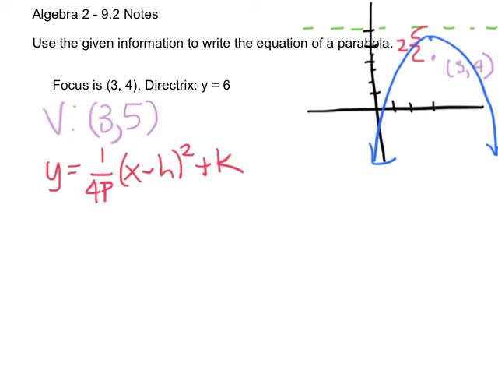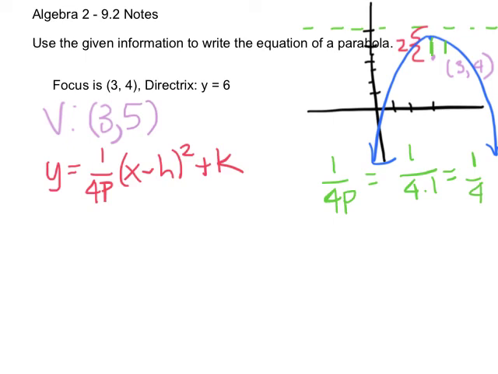And once we discovered what this distance is right here, that distance is 1, I now know what p is. So if I have 1 over 4p, and I know that that distance from the vertex to the focus is p, I have 1 over 4 times 1, which is 1/4.